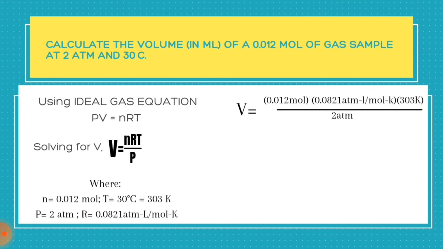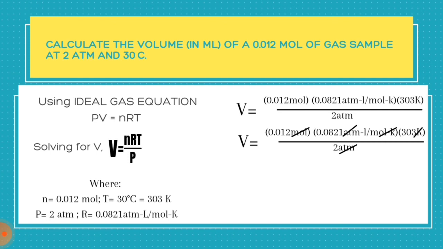So let us substitute. V equals 0.012 mole times 0.0821 atm-L over mole-K, which is the value of R, and then the 303 Kelvin, which is the temperature, divided by 2 atm, the pressure. Let us cancel the same units. The only unit left is liters.